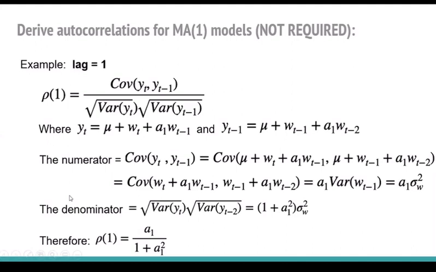Now, what about the denominator? You want to find the variance of YT. I showed you the formula the other time. The variance of YT is this guy here. So the variance of YT and YT minus 2 or variance of YT minus 1 or whatever is still this guy here. When you take the square root of that and multiply, you're still going to have that.